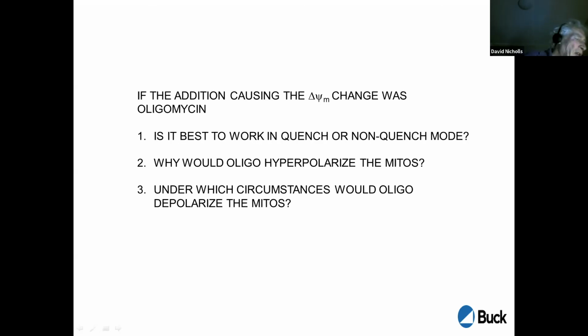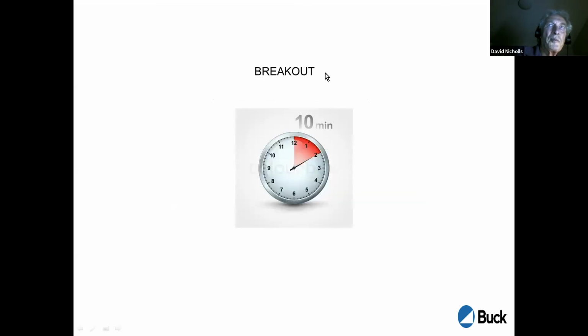So you're going to have a bit of freedom here to play about, and we'll give you 10 minutes for this, changing the mitochondrial membrane potential from 150 to 140, or from 150 to 160, trying it in quench mode and non-quench mode, and then trying to discuss the physiological relevance of this, what sort of conditions would result in oligomycin causing a slight increase or a slight decrease in mitochondrial membrane potential. Now I've got it right. Now go into your breakouts.